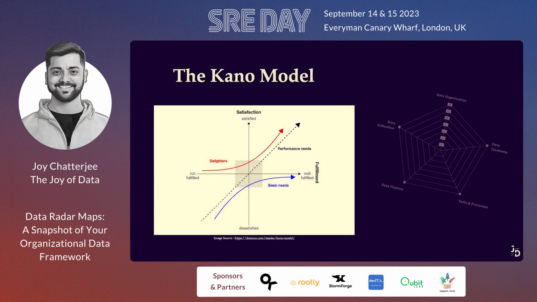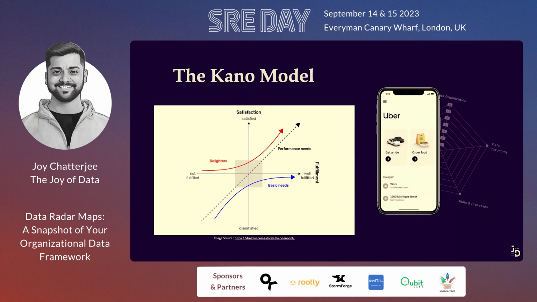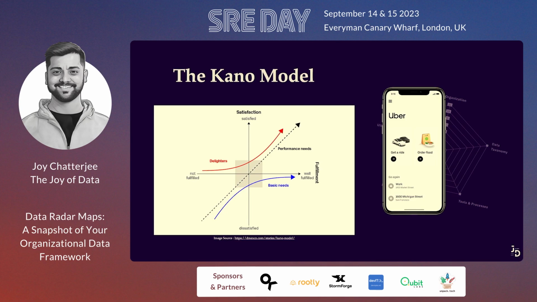All right, so this is actually a very nice image I found. It's from Mexico, but it's the same graph I showed you before, just with some additions. If you start with the blue one, the blue one is basic needs. It's better to do a proper example. It's like a ride-sharing app. Forget about Uber.